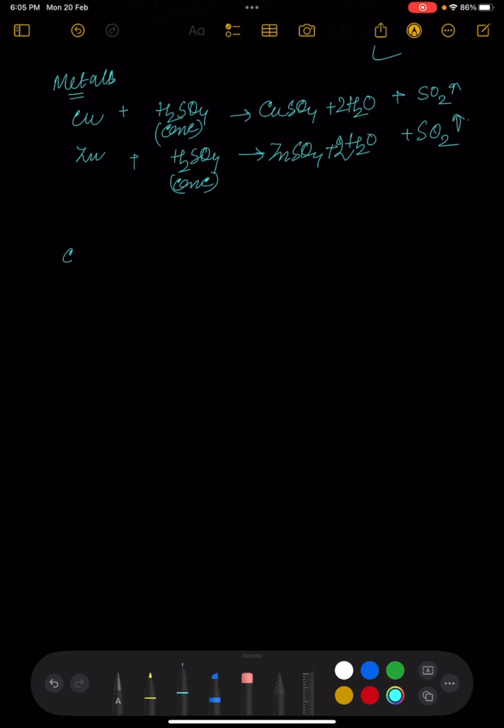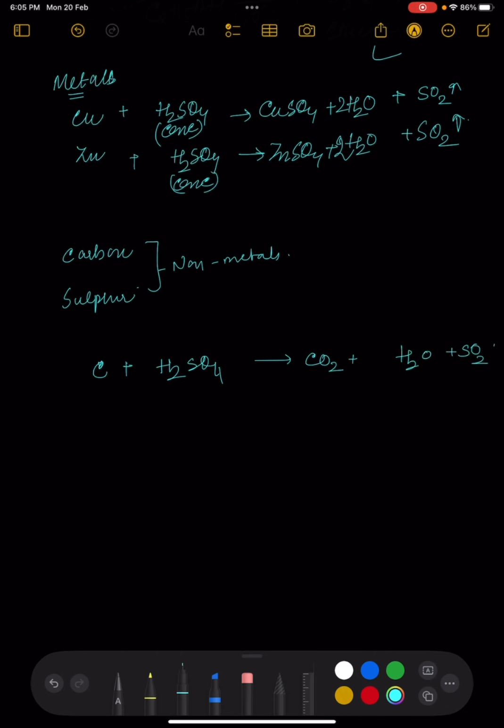Then again with carbon and sulfur, that is non-metals. These reactions are in the syllabus, that much I am writing here. H2SO4 gives CO2, H2O, and as H2SO4 is taken, SO2 will be released, and after balancing, these will be their reactions.